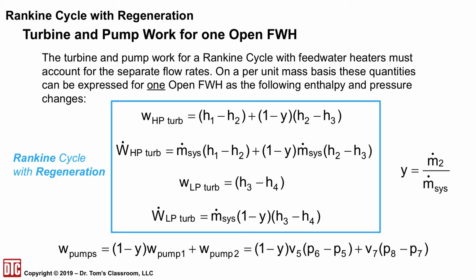The work per unit mass, we've done these before, is just the specific volume times the difference in pressures. For the first one, (1 minus y) v5 times (p6 minus p5). And of course, you need to have the figure in front of you so you can keep track here. Plus pump number 2, v7 (p8 minus p7). So it's just the specific volume times the difference in pressure across the pump.